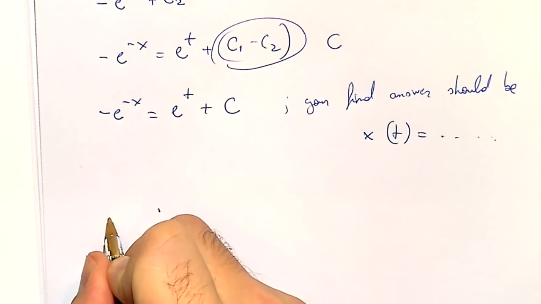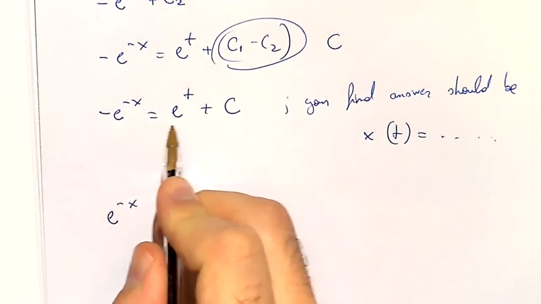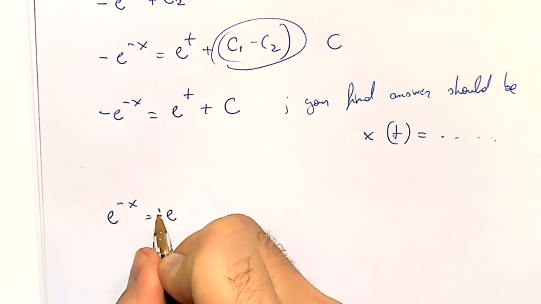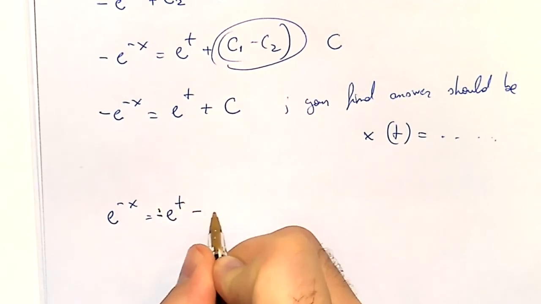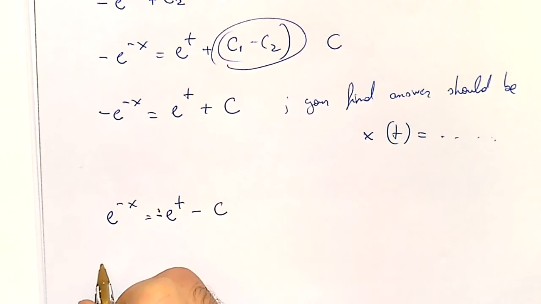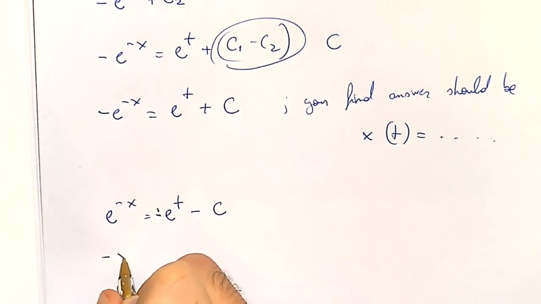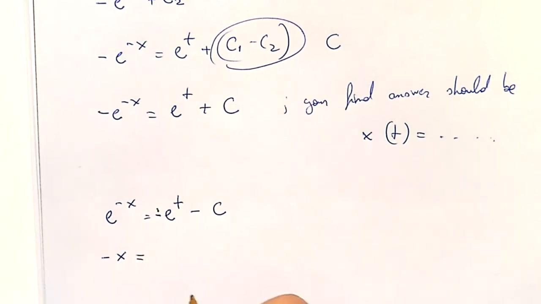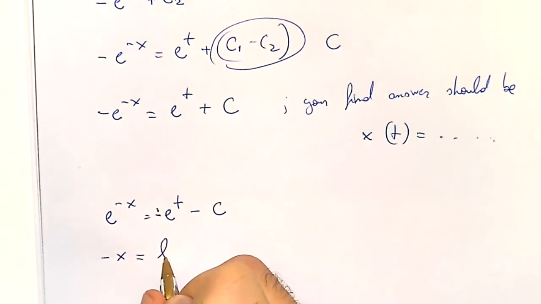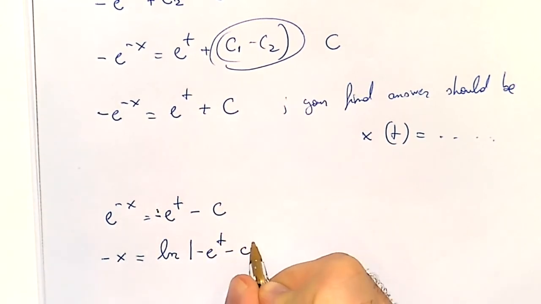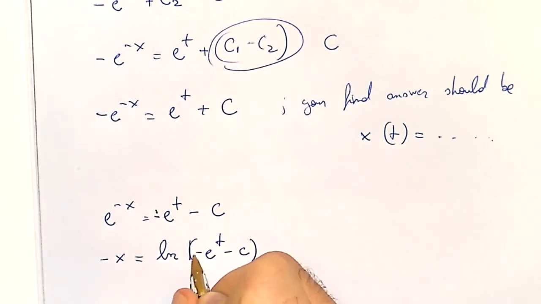So you get e to the minus x. I just put a minus everywhere, is equal to minus e^t minus constant. I take a log and I get minus x is equal to log of minus e to the power of t minus the constant.